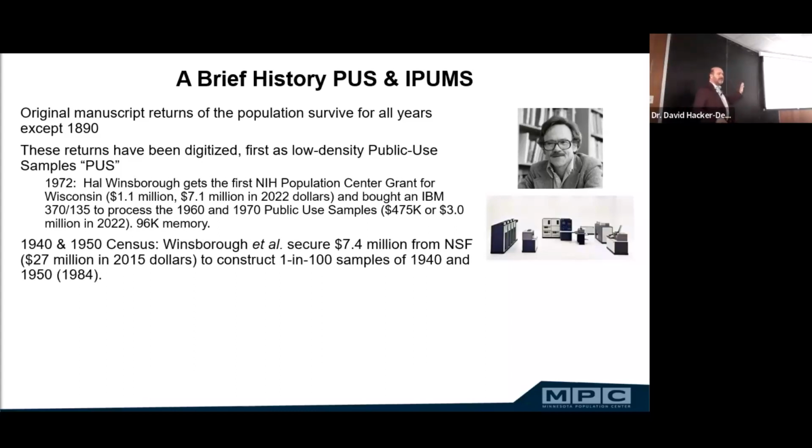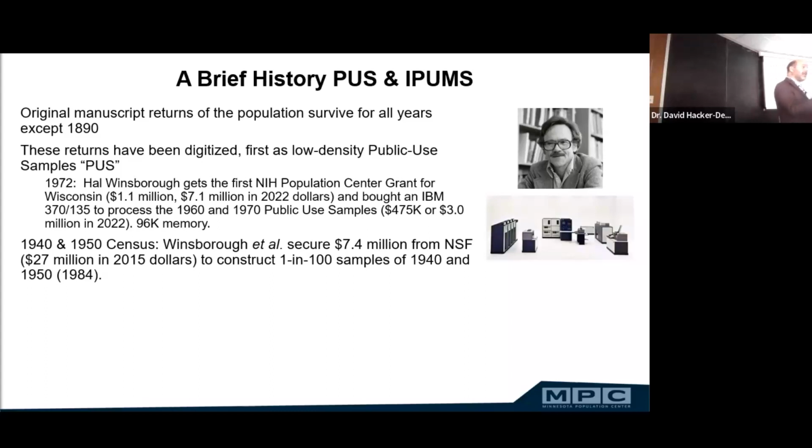1940 and 1950 census, this is the first historical project that's kind of a major grant. Talk about a major grant. Winsborough gets $7.4 million from NSF. That's $27 million in 2015 dollars to construct what are 1 in 100 random samples of the 1940 and 1950 census. They actually had to contract out with the Census Bureau.